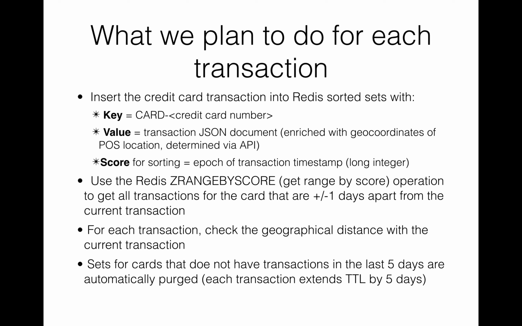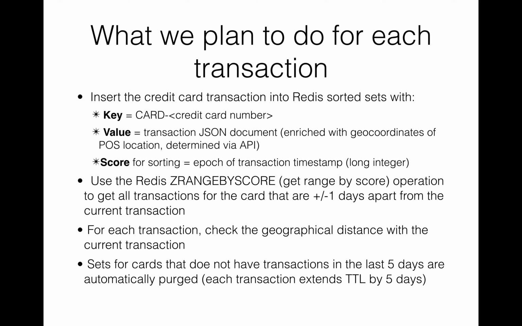So this is not meant as a persistent store of credit card transactions, but it's just a temporary store to be able to perform this fraud check. So we enrich the JSON document with the geo coordinates of the point of sale location.